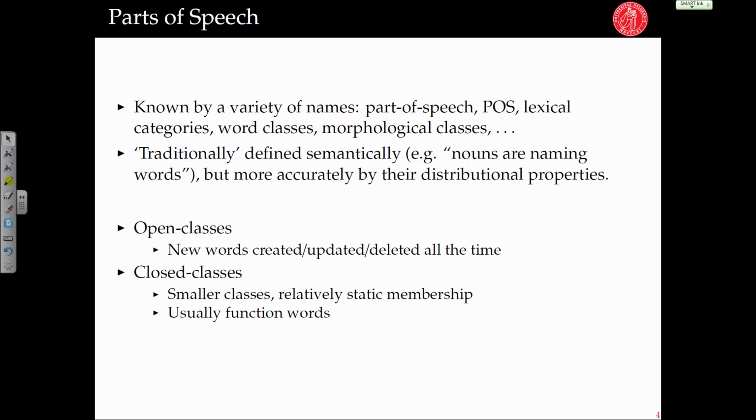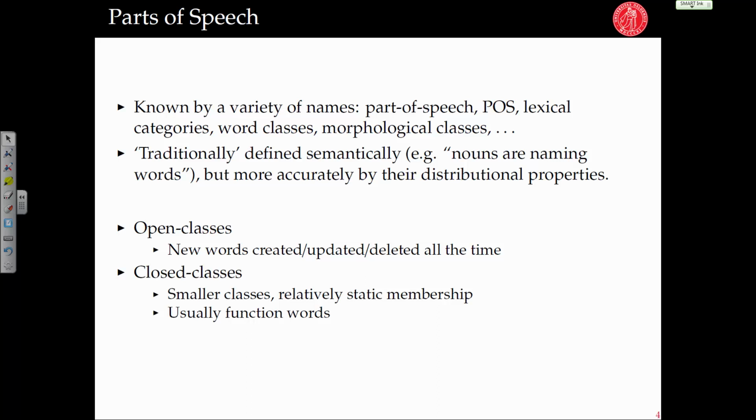So maybe 10 years ago, 15 years ago, there was no word such as Google, for example. Now you can use it in the verb form, also as a noun. Also the same could be said on Twitter, tweet, to tweet. So a tweet is a noun, to tweet is a verb, etc. So as you can see, with time, it's relatively easy to add new concepts, new names, nouns, verbs, adjectives, adverbs, etc.